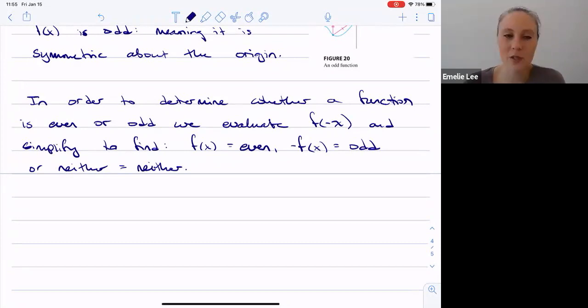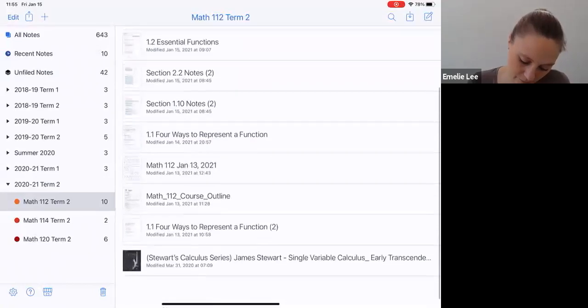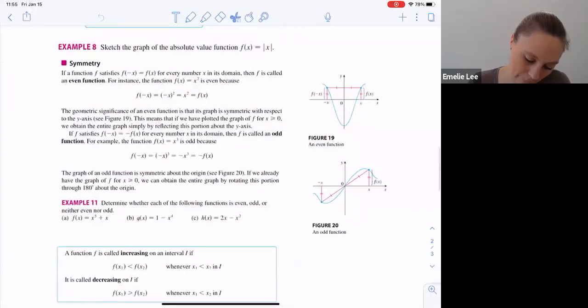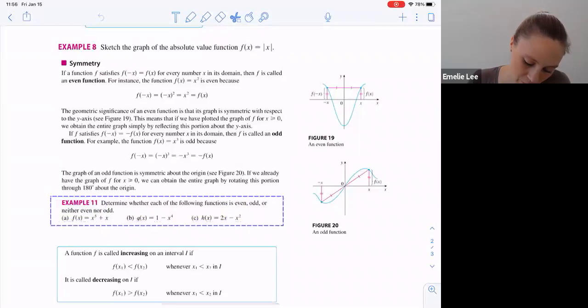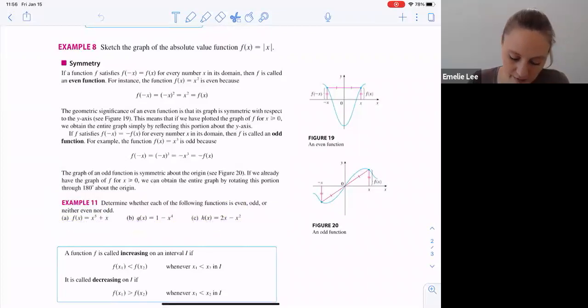Okay. So let's do a couple of examples. So what we'll find in this course is there are just kind of algebraic things like this that you can use to prove definitions.